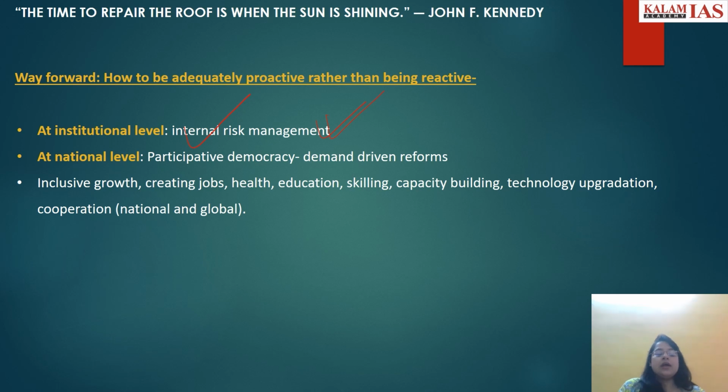And with respect to preparation, you can talk of inclusive growth, creating jobs, enhancing health and education opportunities, skilling people, capacity building, technology upgradation, cooperation between the actors of society, the civil society, the citizens, the community, the governments, a multi-stakeholder approach. So these things are also needed for proactive measures in order to fight any untoward incident, in order to have timely action.